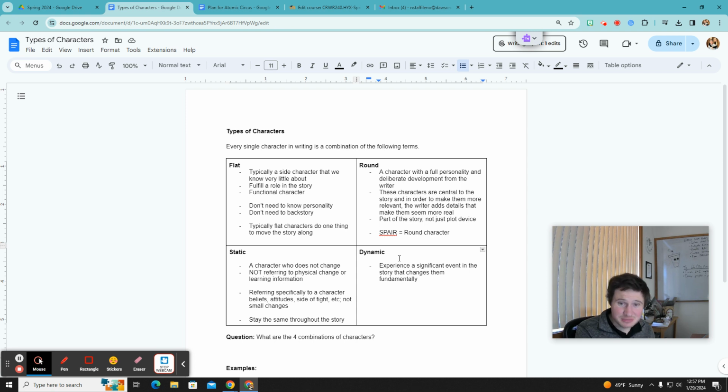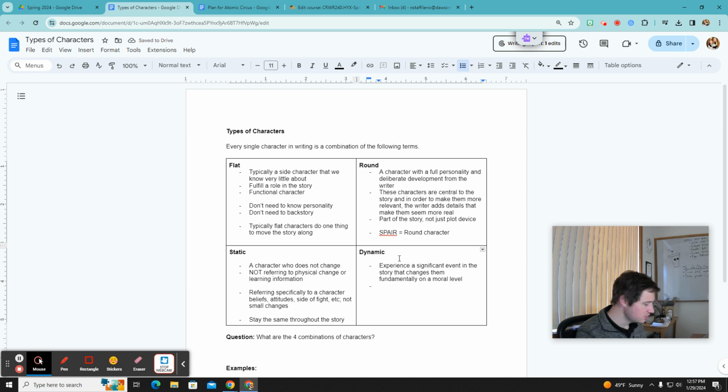I know that seems like it should be a dynamic character, but I'm not even referring to physical abilities at all. I'm referring to mindset and beliefs and attitudes, right? Changes them fundamentally on a moral level. Anything less than that's not dynamic.